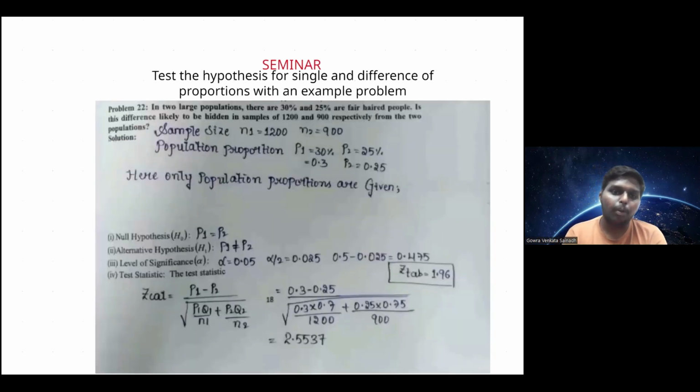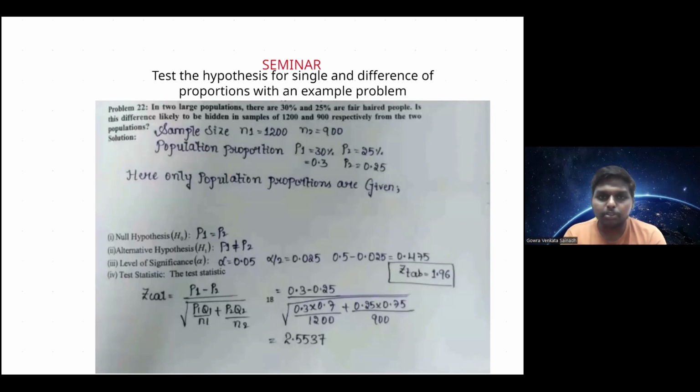In two large populations, there are 30% and 25% fair-haired people. Is this difference likely to be hidden in samples of 1200 and 900 respectively from the two populations? Here we got two populations with sample sizes N1 1200 and N2 900.